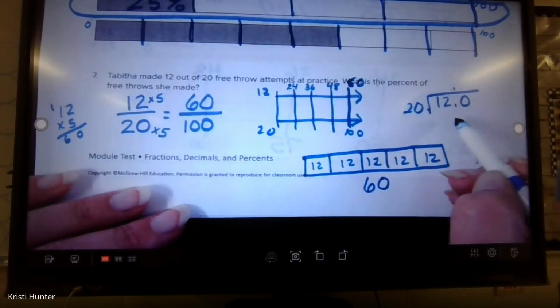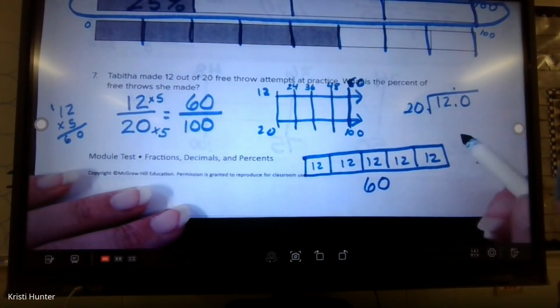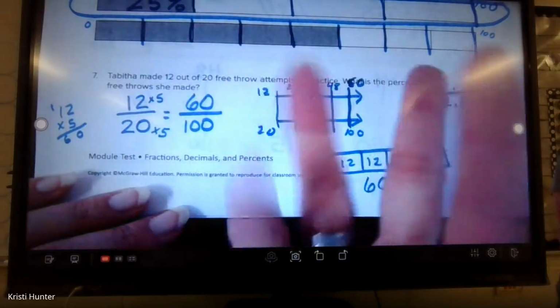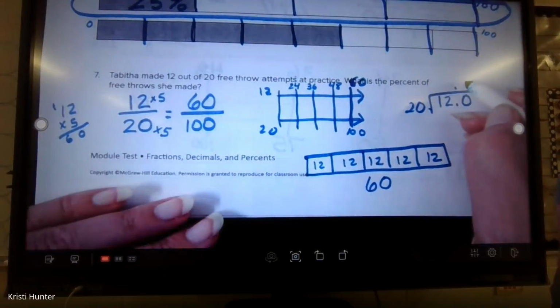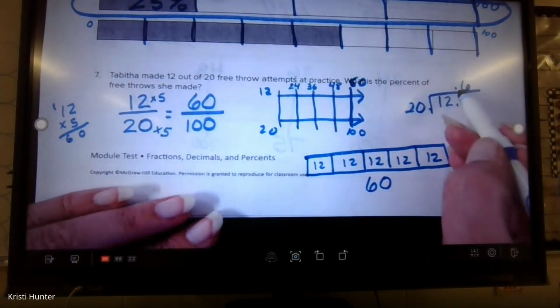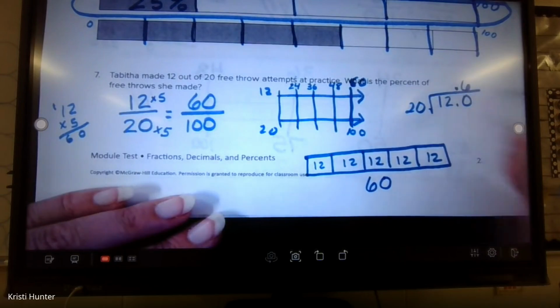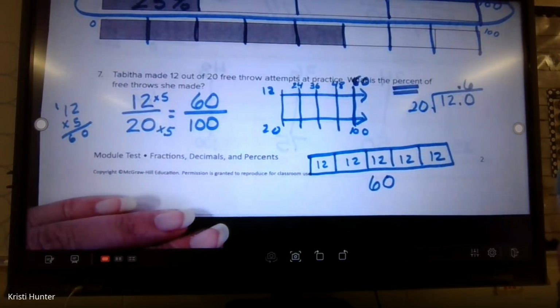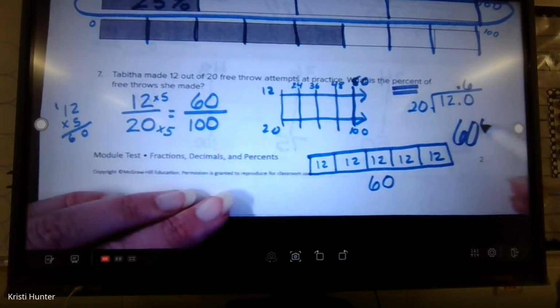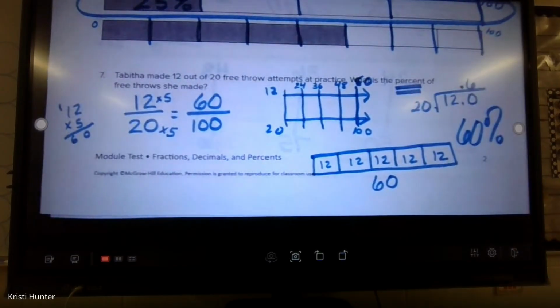And if I divide, 20, 40, 60, 80, 100 is 5, and 120 would be 6. So I got 0.6, which, written as a percent, would be 60%.